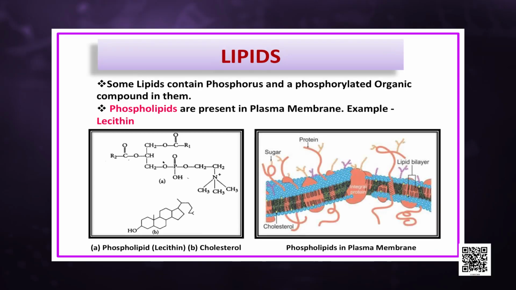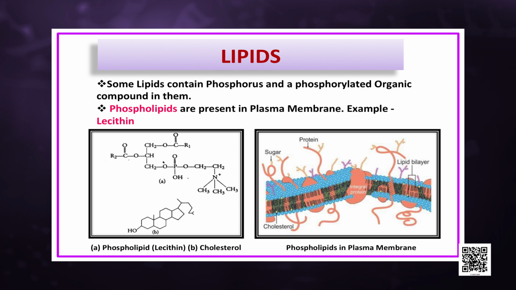acids lower blood cholesterol. Some lipids contain phosphorus and phosphorylated organic compounds in them. These are called phospholipids. They are triglyceride lipids. One fatty acid is replaced by phosphoric acid, which is often linked to an additional nitrogenous group. They are present in the plasma membrane. Recall the structure of the plasma membrane.